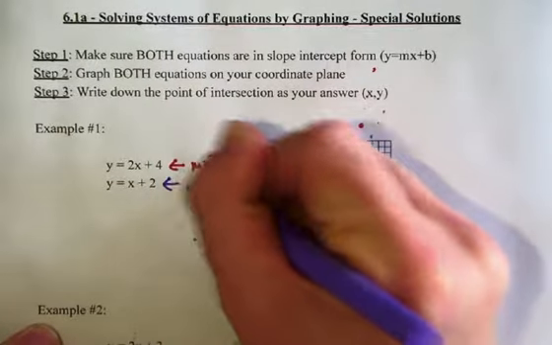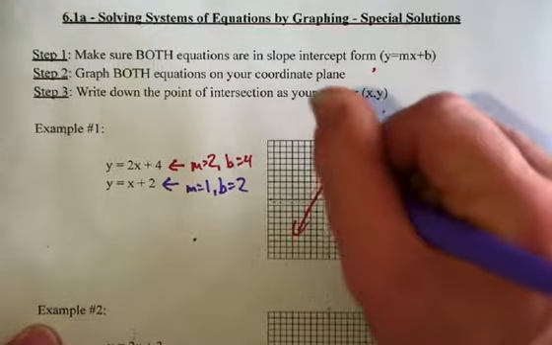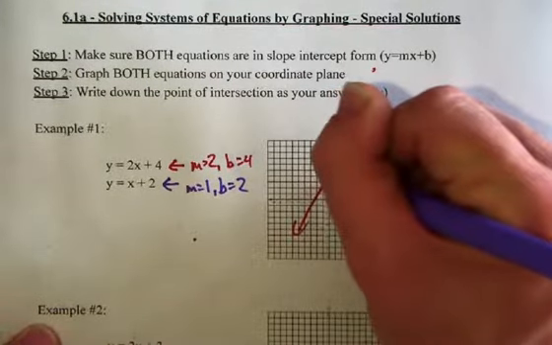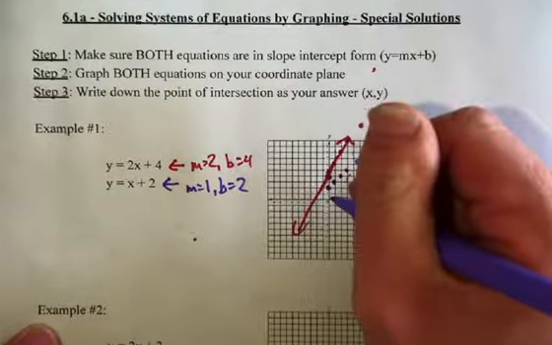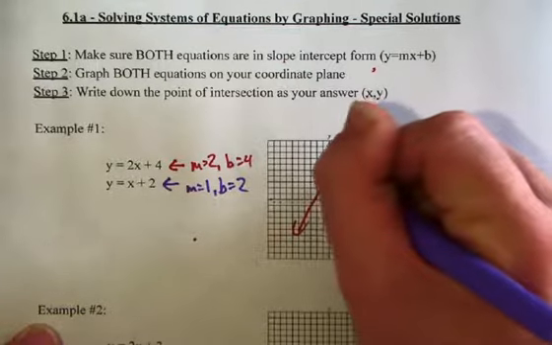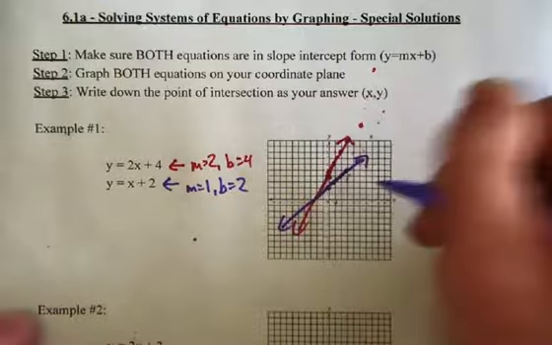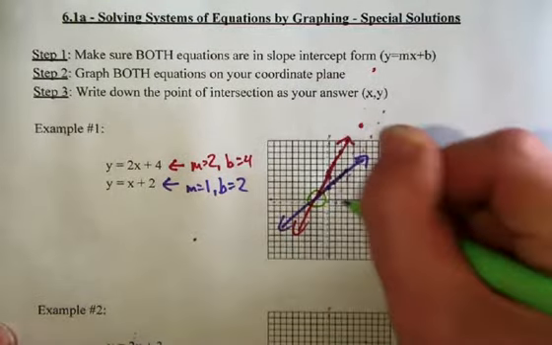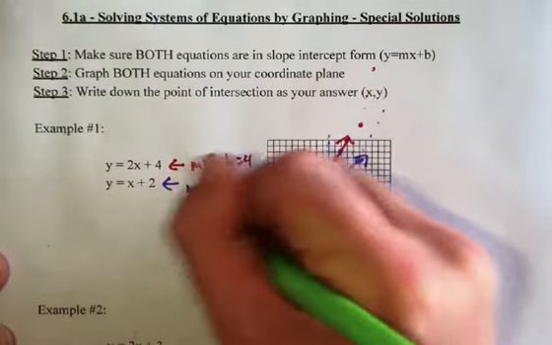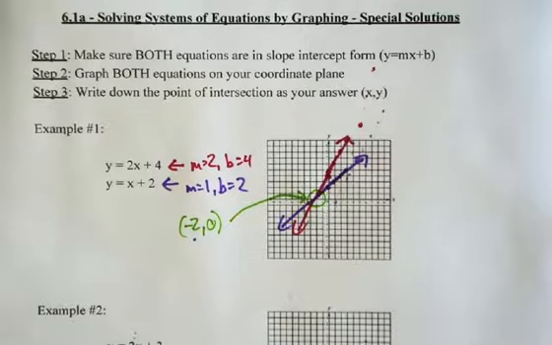Here, m equals 1, b equals positive 2. Up 1 over 1, up 1 over 1, up 1 over 1. And we find that these two intersect at this point, which is negative 2 comma 0. That is our solution, negative 2 comma 0. Easy enough. That's what we've been doing so far.